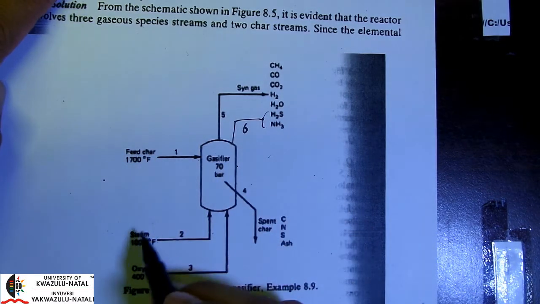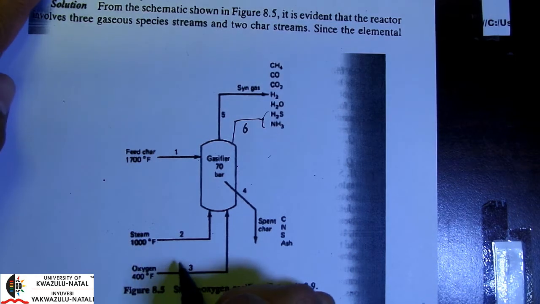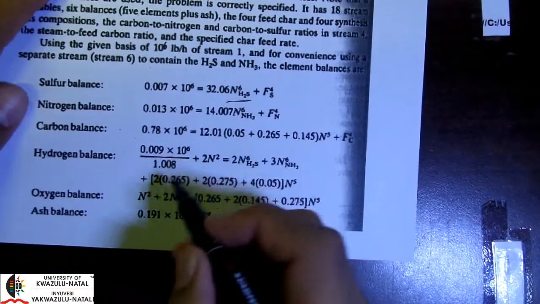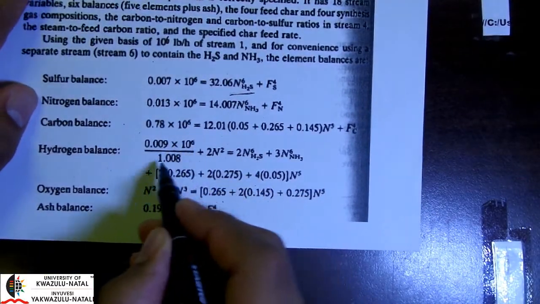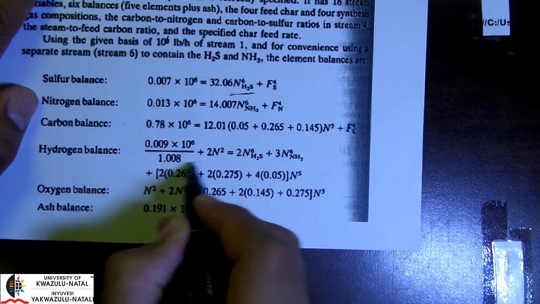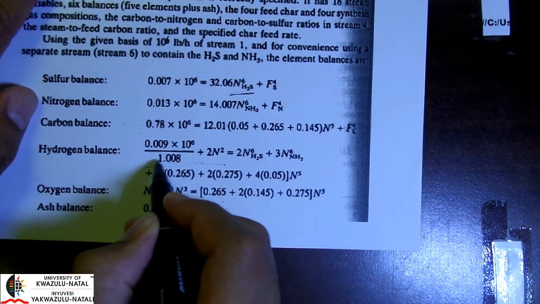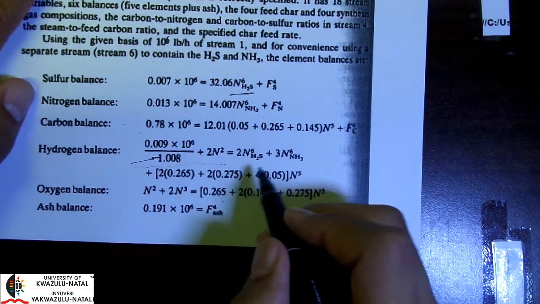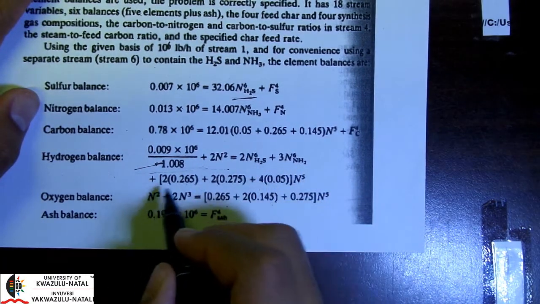I also have hydrogen here in my steam in H2O, 2 moles of hydrogen in H2O. So here is my hydrogen balance. These are my inputs, using my molar mass of elemental hydrogen. And these are my outputs, as mentioned.